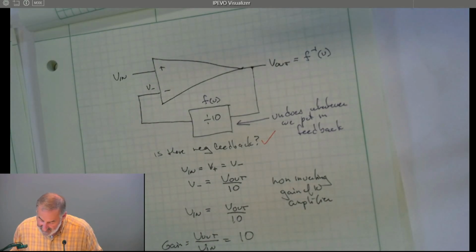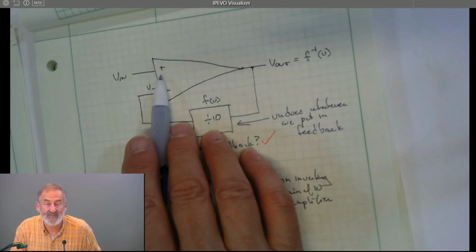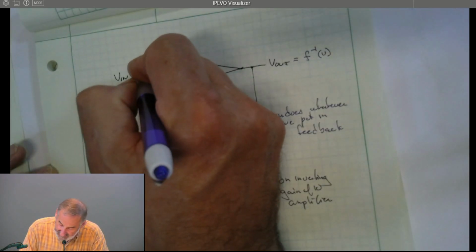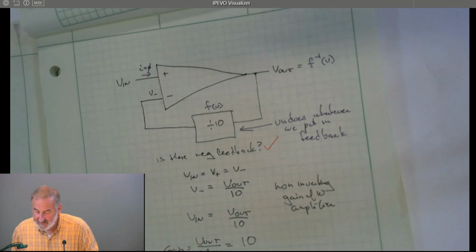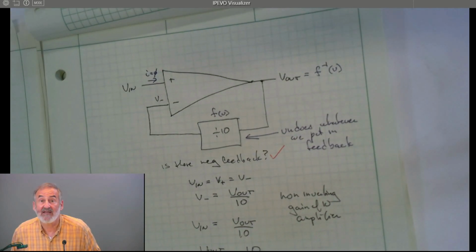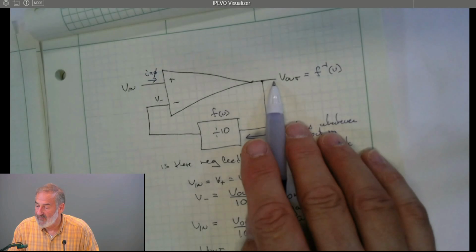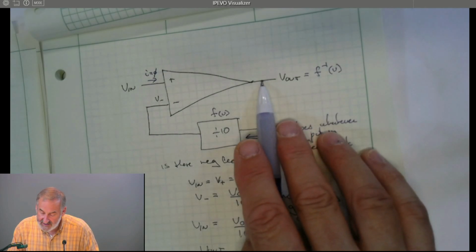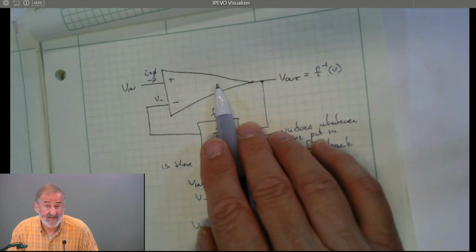The other thing to notice about this circuit is since the input is connected directly to the positive input of the op amp and nothing else, and we know that for a perfect op amp no current flows in, the input impedance of this circuit is very high, approximately infinity, and the output impedance of almost any op amp circuit with feedback is very close to 0, because remember, the op amp doesn't care what the internal impedance of the op amp is.